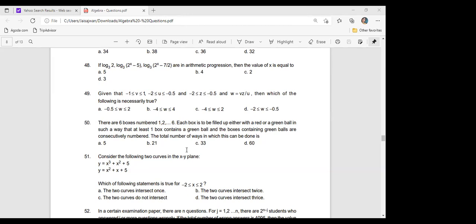Let's see how many of them are able to do it. अच्छा experiment हो जाएगा.